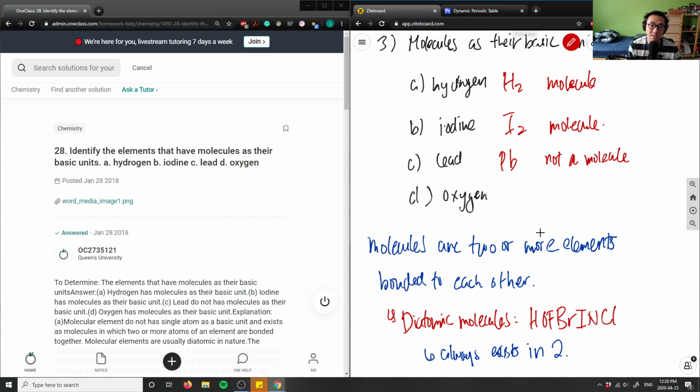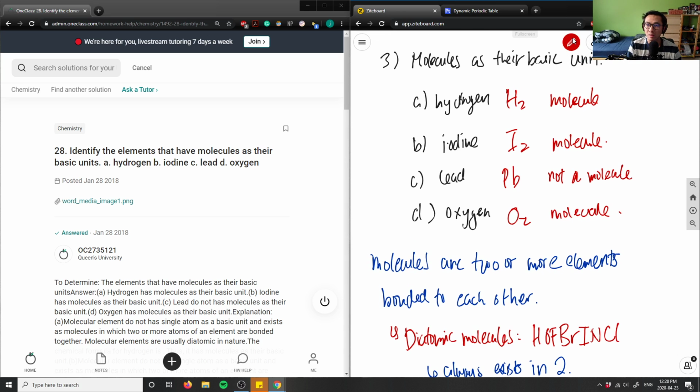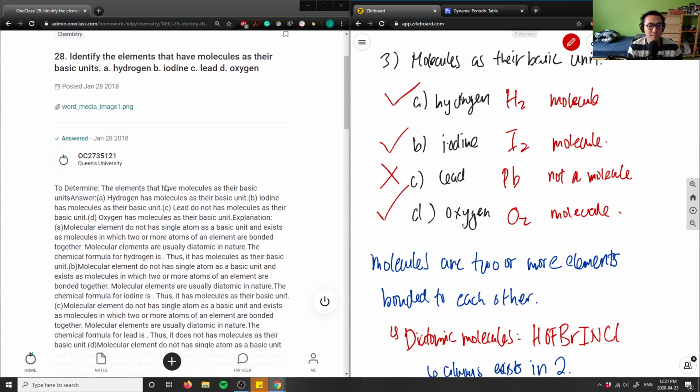The O in Hofbrinkel means oxygen. So this is O2. It exists in two, therefore this is a molecule. So in this case, A is a molecule, B is a molecule, C is not a molecule, and D is a molecule. So this is my correct answer. A, B, and D are all molecules.